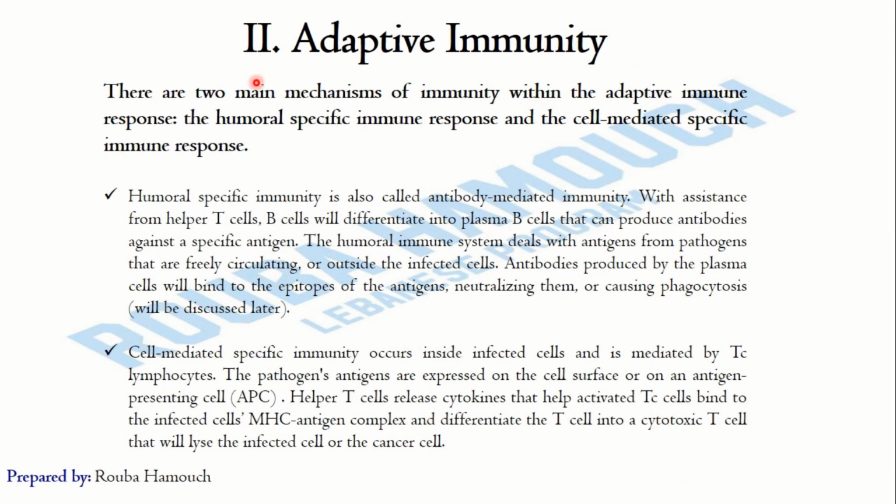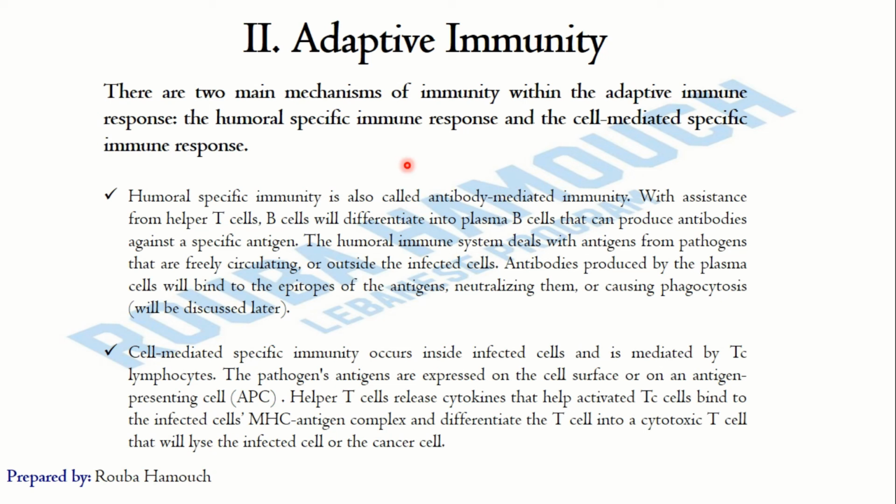So we can say that there are two main mechanisms of the adaptive immune response, the humoral specific immune response and the cell-mediated one. The humoral specific immunity is also called antibody-mediated immunity, since the effectors of this immunity are antibodies.